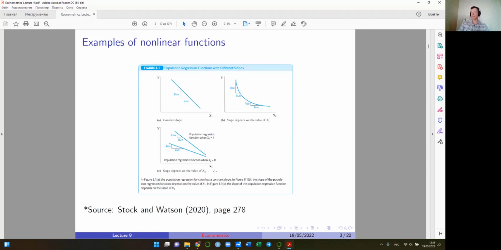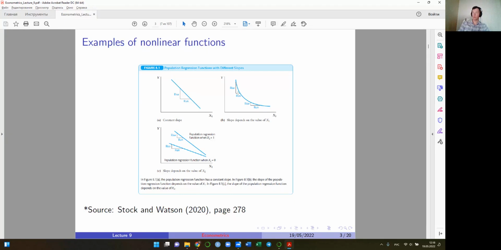So here is the illustration of why we are bothering with these nonlinear functions. Before, we assumed that when we increase x by some amount, the effect on y is constant, and the graphical representation is just a straight line. What if this effect depends on the level of x?